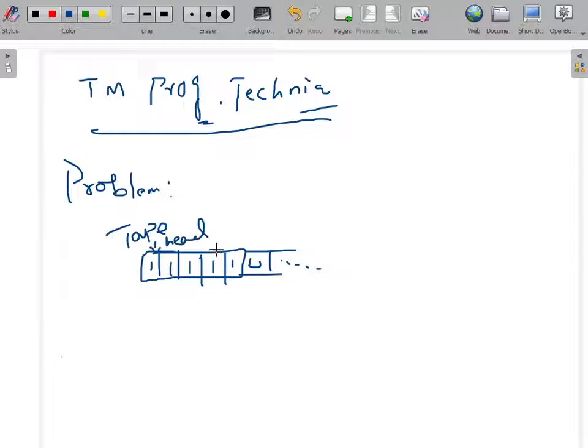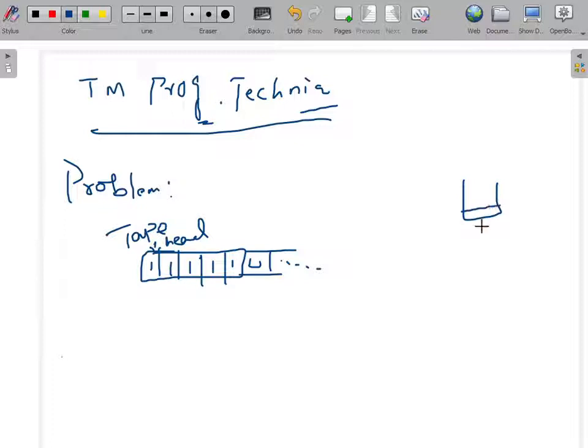But here, which one is the leftmost? The problem is at the left end: I don't know which one is the left end element. So how do we recognize it? In previous techniques, in pushdown automata, we used the stack.